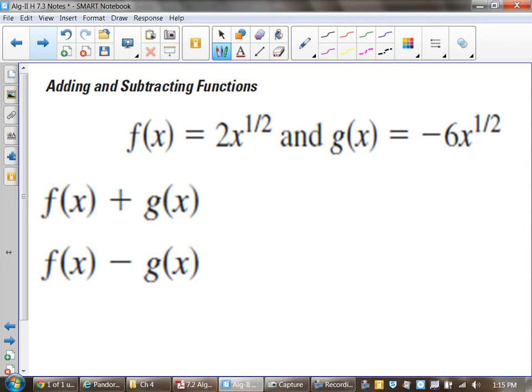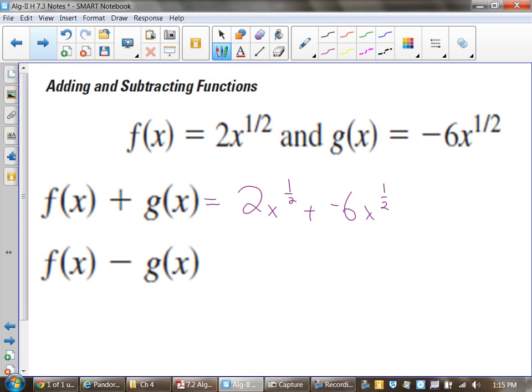Same. So if I'm going to add those two equations together, f of x plus g of x, that means it's 2x to the 1/2 plus negative 6x to the 1/2.